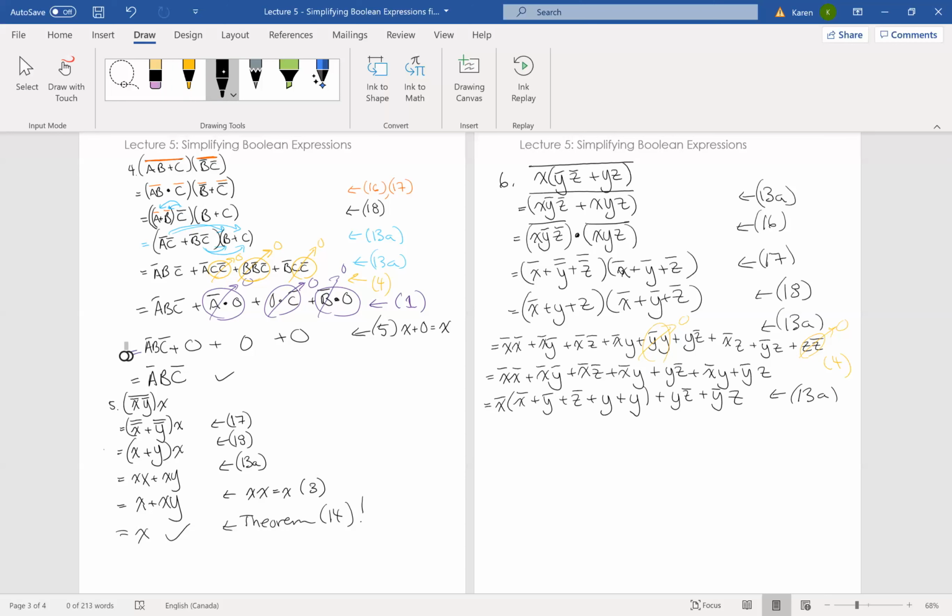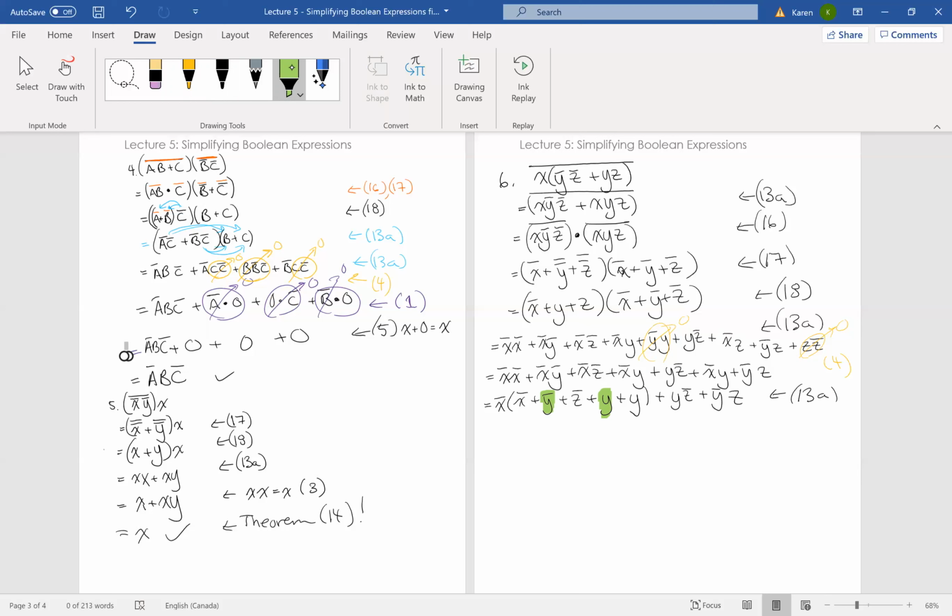And then I recognize that I have a y plus a y bar. So here I have a y bar plus y.